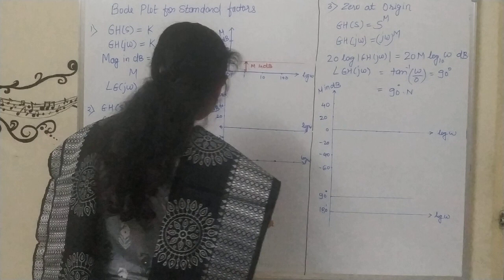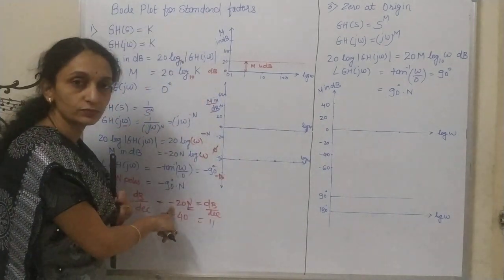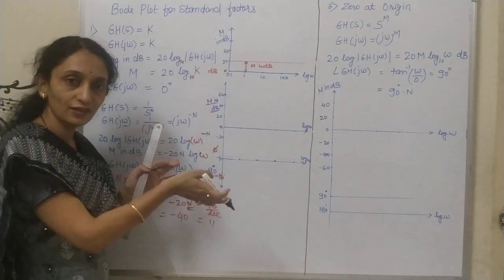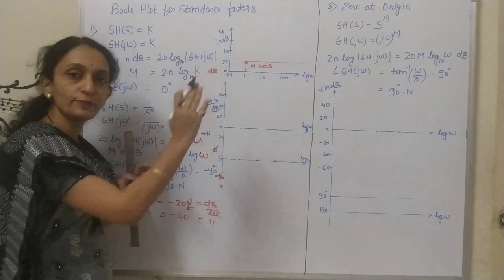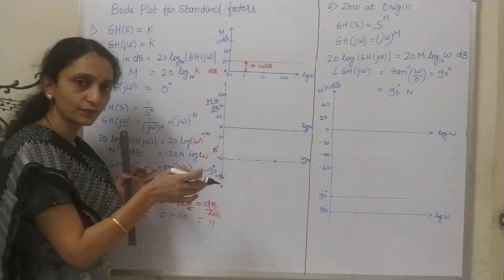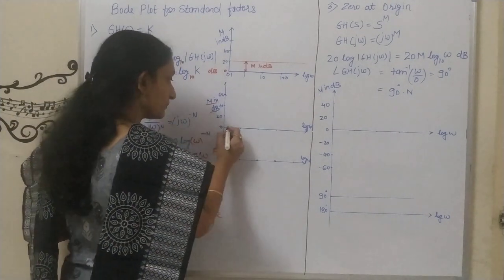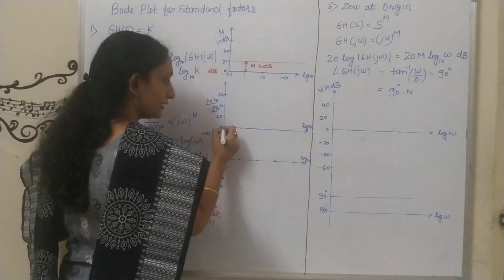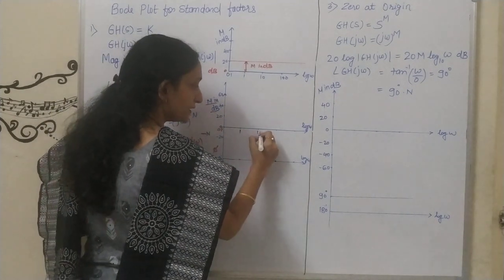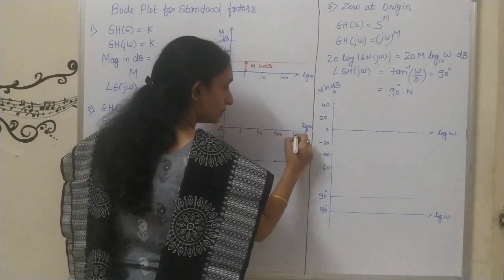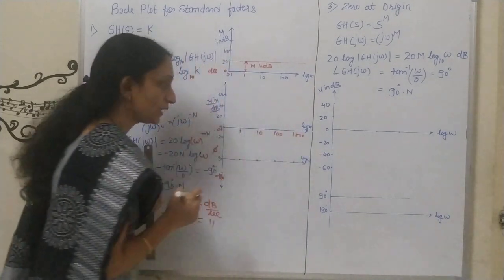Now see, my slope is negative, so the slope should decrease, then only I will say that the negative line slope is there. Suppose the line is increasing, then it will be positive. Suppose I am considering this as 0.1 here. Then my next decade will be 1, next 10, next 100, next 1000.